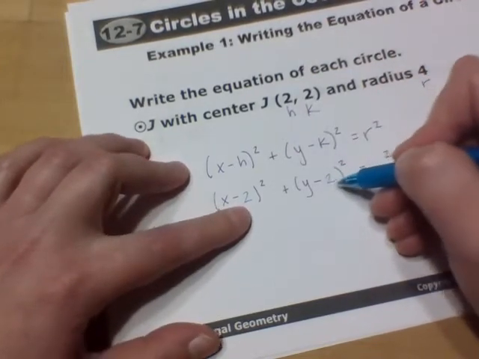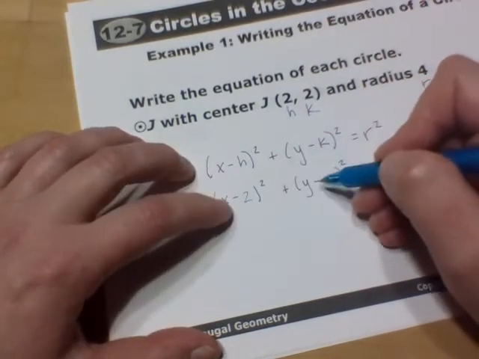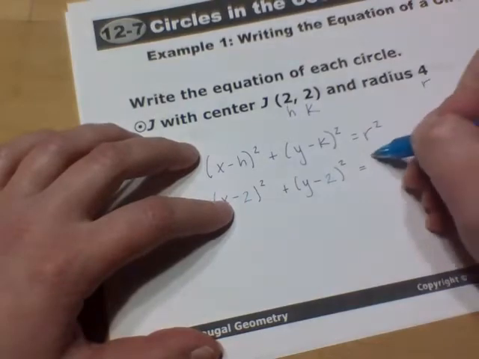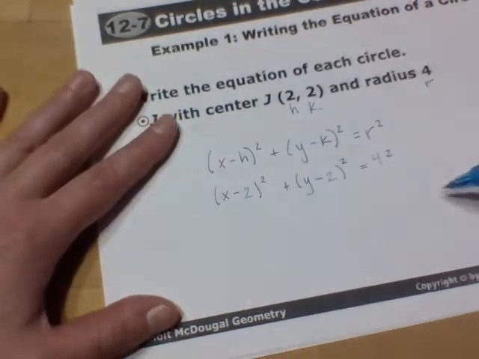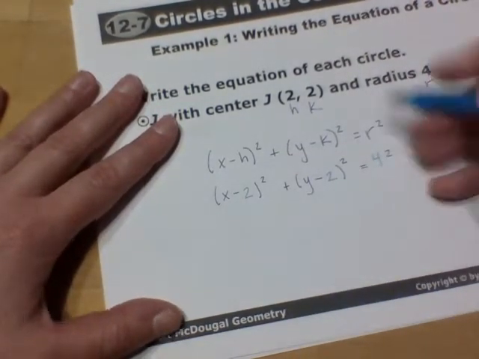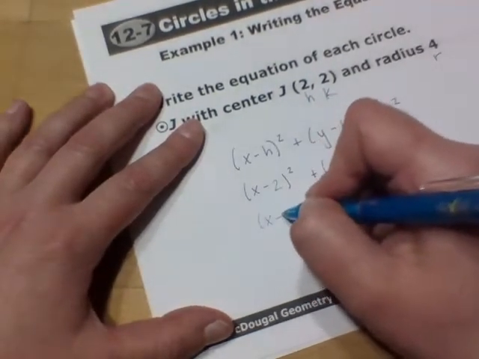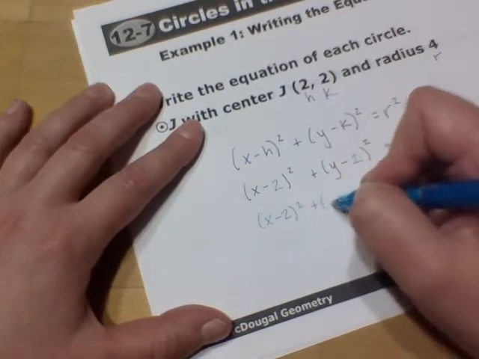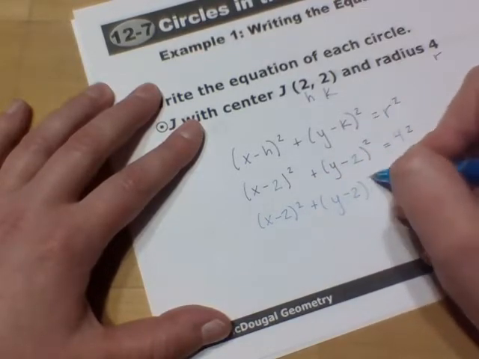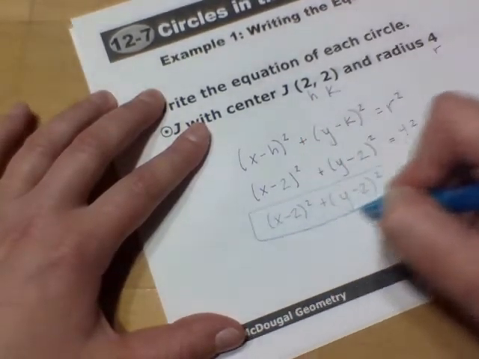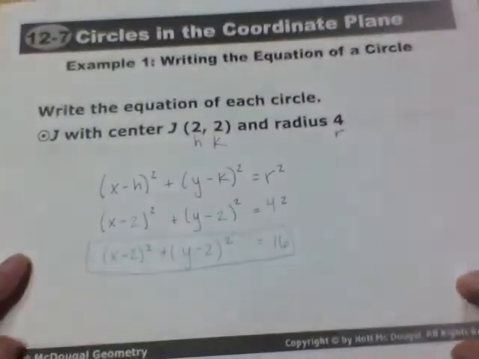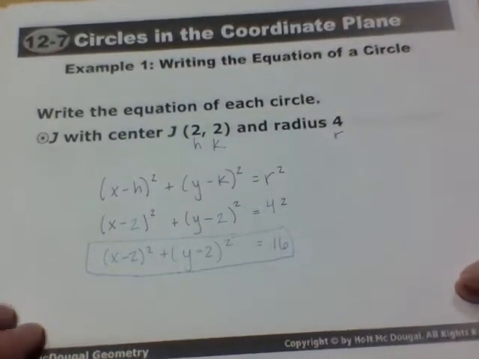Notice that it looks like I plugged in a +2, but the negative comes from the formula. And then the r value is 4. The only way to simplify this is just to write 4 squared as 16. Otherwise, the exact answer is x minus (-2), that quantity squared, plus y minus (-2), that quantity squared, equals 16. So plug it in and done.